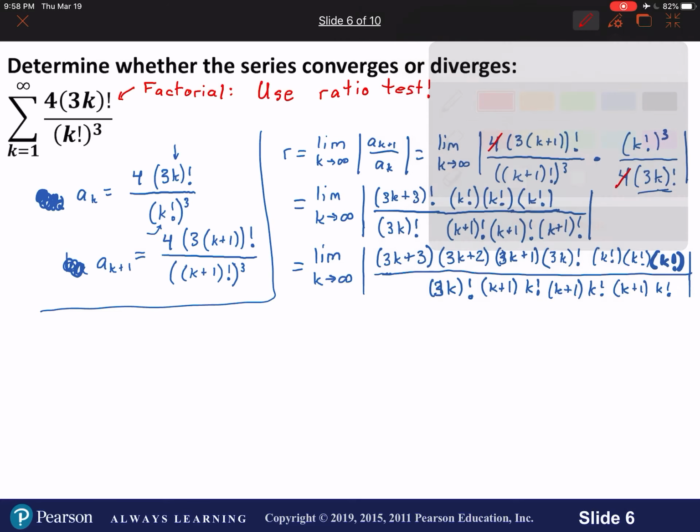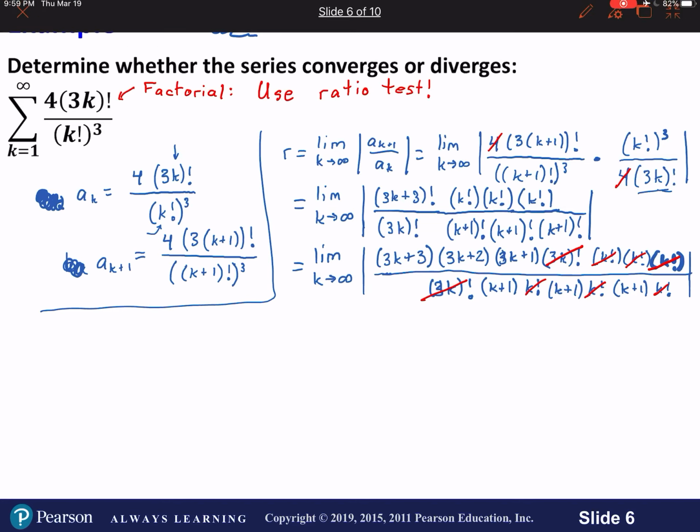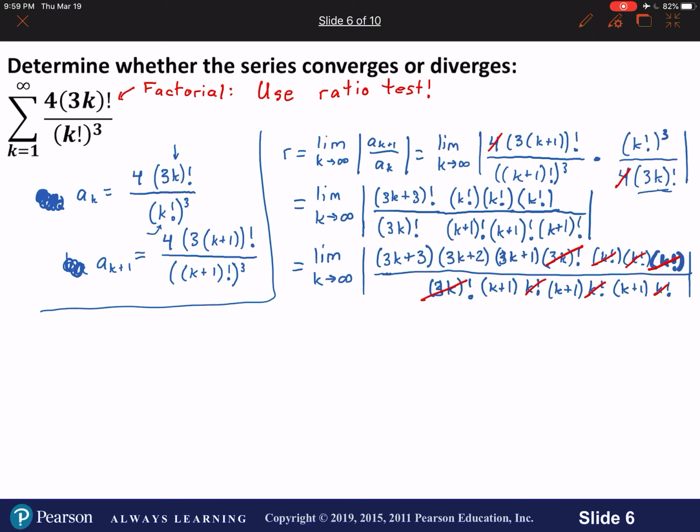And so now, hopefully you see some of the cancellations here. We have a k factorial here, and 2 more of those. We also have a (3k)! and a (3k)! here, and so that leaves us with the following.